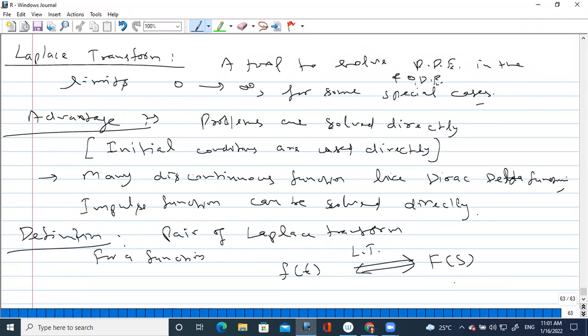Suppose that function is F(s). So this is correlated. It is a pair. From f(t) you can get F(s) if you do the Laplace transform. You can do the inverse also, that is known as the inverse Laplace transform. So from that F(s) you will get back f(t). So that's why this is a Laplace transform pair. You can get f(t) to F(s), F(s) to f(t). So both ways it is working. Note down this.